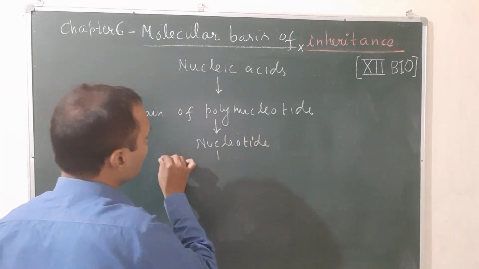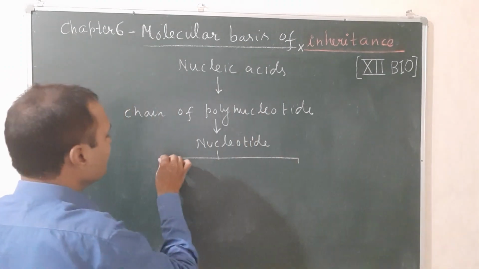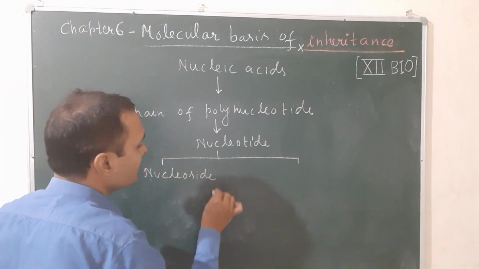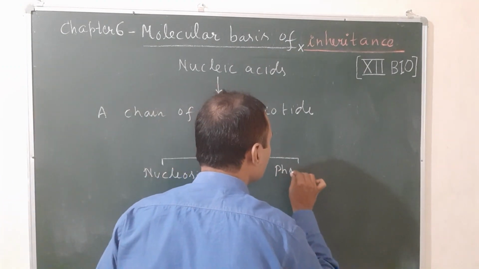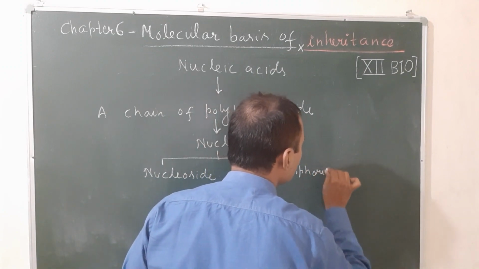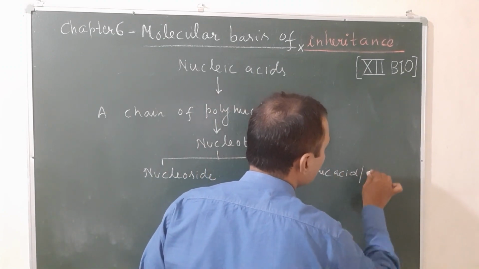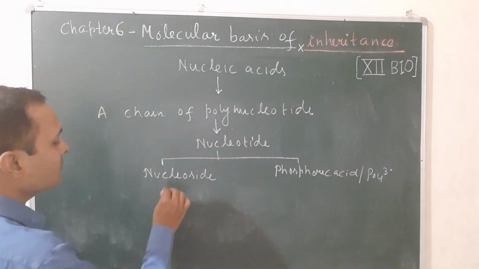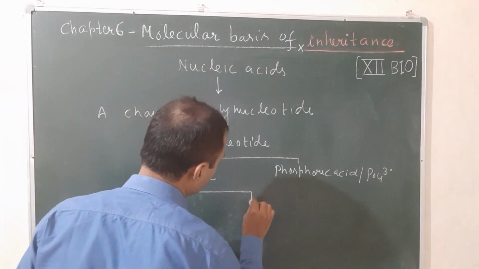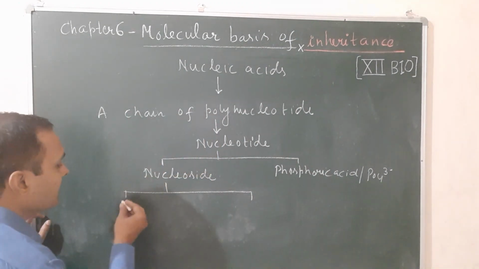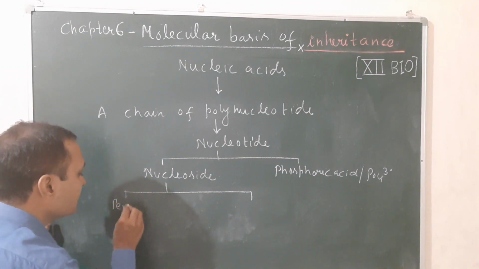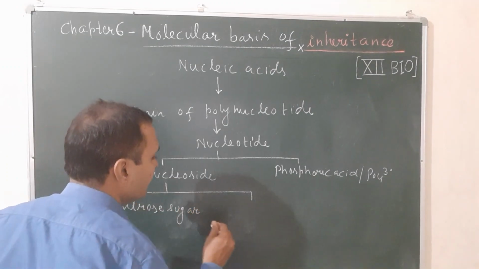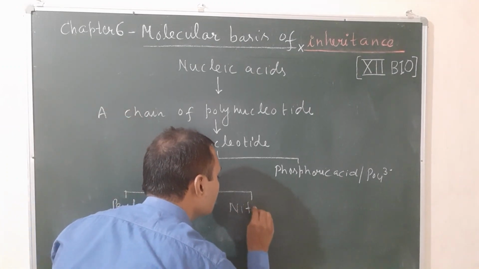Each nucleotide has two parts, that is nucleoside and phosphoric acid, or phosphate group. And this nucleoside consists of further two components, the pentose sugar and nitrogenous bases.